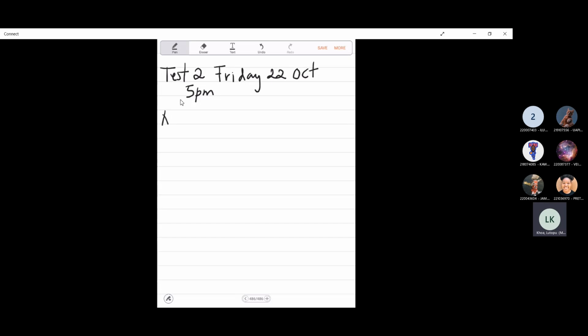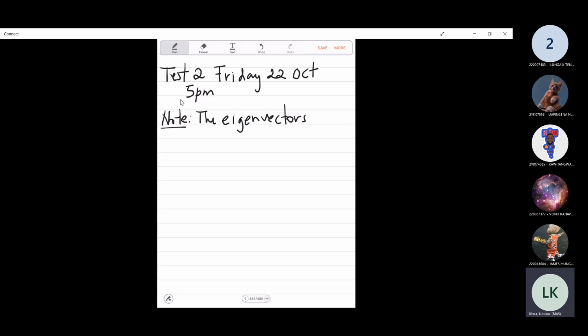Okay, so we should note that the eigenvectors of the different eigenvalues are linearly independent.